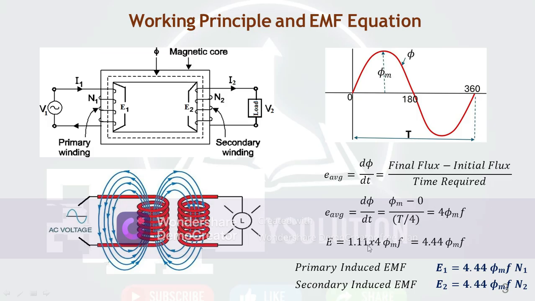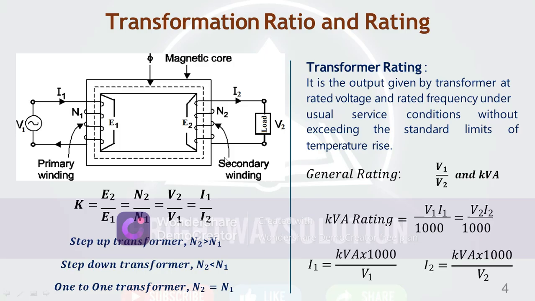If we multiply by the form factor, we get the RMS value. E is equal to 1.11 into 4 into phi m into f, so the final equation is 4.44 phi m f. The primary induced voltage E1 is equal to 4.44 phi m f N1, and the secondary induced EMF E2 is equal to 4.44 phi m f N2. Now, other parameters of a transformer are the transformation ratio and ratings.